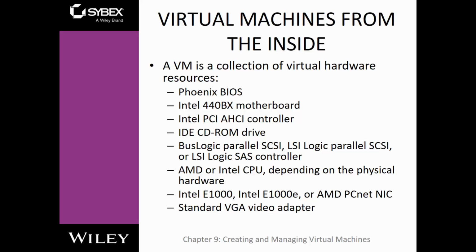Inside a virtual machine, typically you'll have a VMware BIOS, an Intel based motherboard, the appropriate PCI AHCI controller, an IDE drive, an optical drive, the appropriate LSI Logic parallel SCSI controller cards or SAS controller cards, an AMD or Intel CPU depending on the physical hardware, and an Intel E1000, E1000E, or AMD's PCNet NIC, along with a standard VGA adapter card.